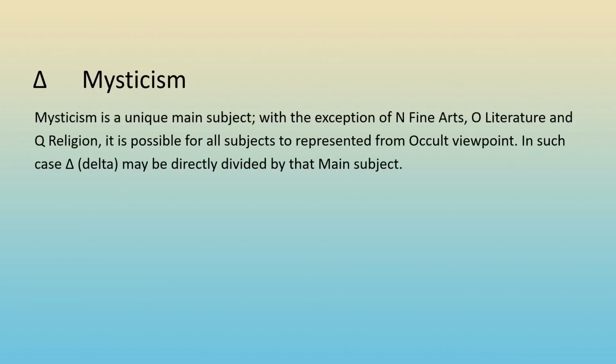Mysticism is a unique main subject, with the exception of capital N fine arts, capital O literature and capital Q religion. It is possible for all subjects to be represented from an occult viewpoint.